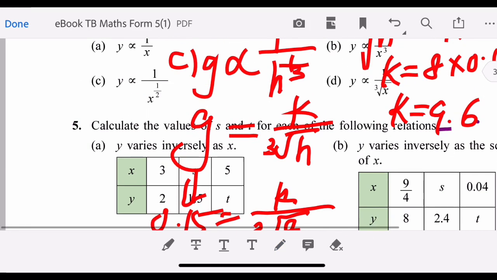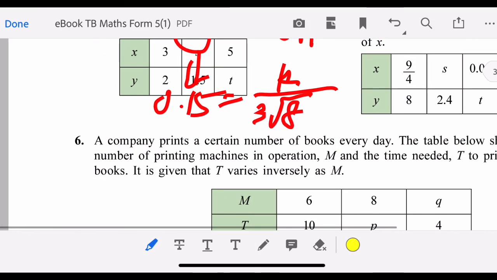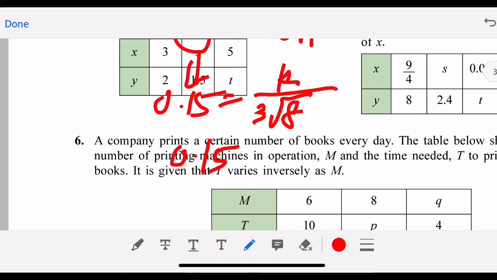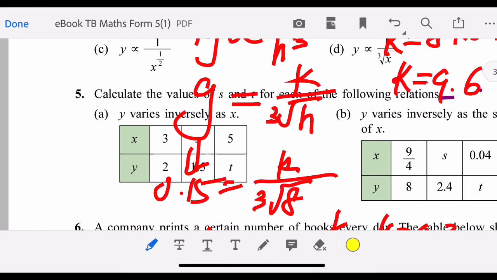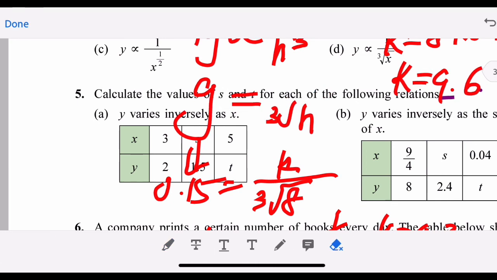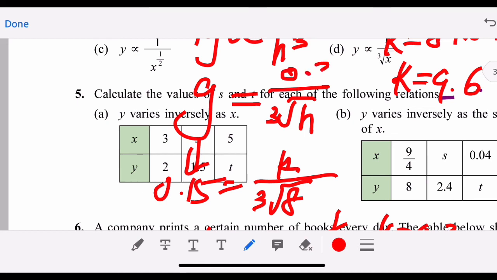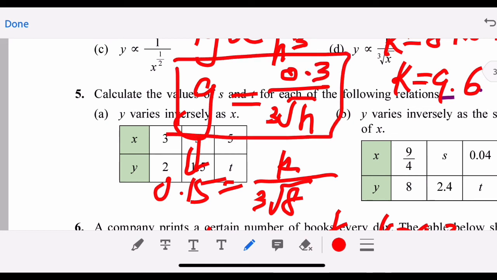So that means K is 0.15 times 2. So K is 0.3. So you can write again the equation. We can just erase the K and substitute 0.3. So this is the answer, right? 0.3 over cube root of H.